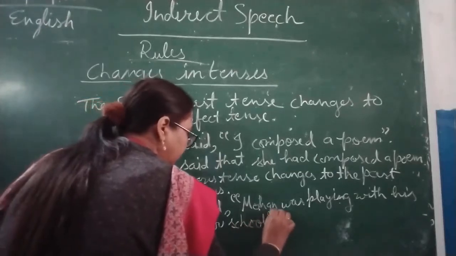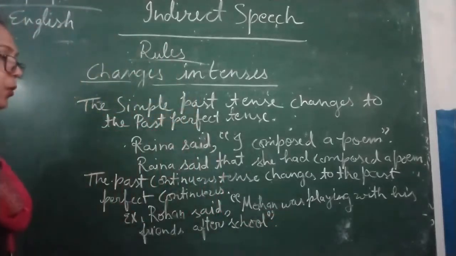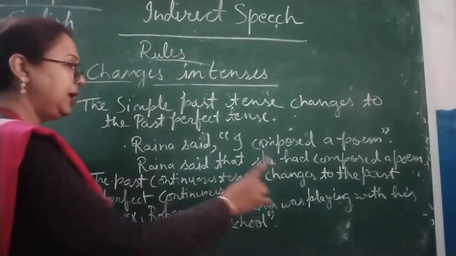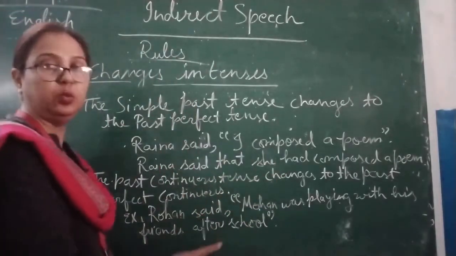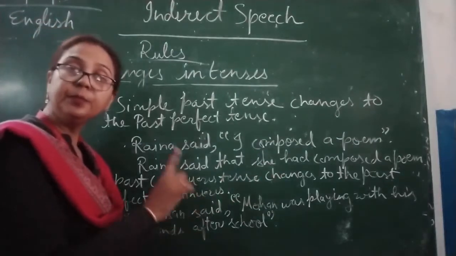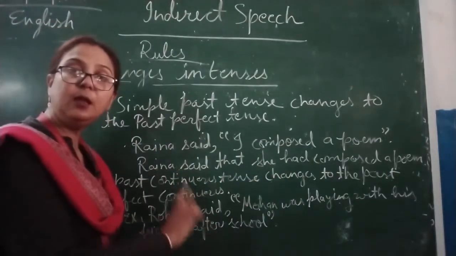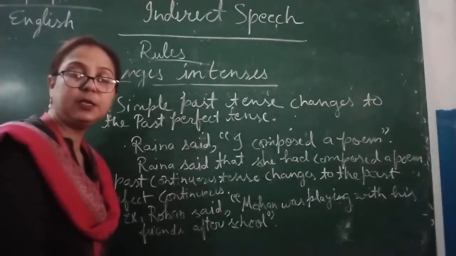Now here children, you can see Mohan was playing. Rohan said Mohan was playing with his friends after school. So this is written in past continuous tense. Now we are going to change it to past perfect continuous tense.